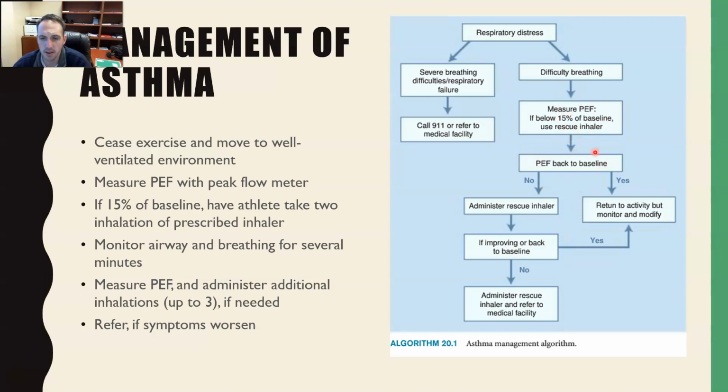If after that it returns to baseline, we can return to activity but monitor that. If not, we're going to administer the rescue inhaler again and check. And if after 3 uses of the rescue inhaler we are not getting good results, we're going to immediately refer to another medical facility.